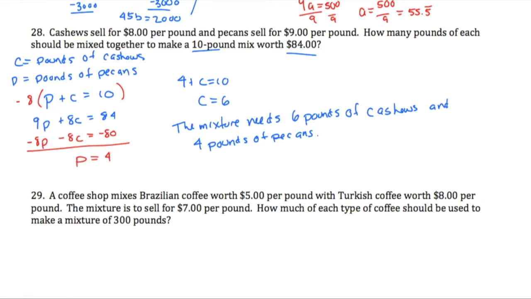Okay, so again, we're asked to find out how much of each we need. So let's go ahead and define our variables. We can go with B for the pounds of Brazilian coffee, and we'll go with T equals the pounds of Turkish coffee.